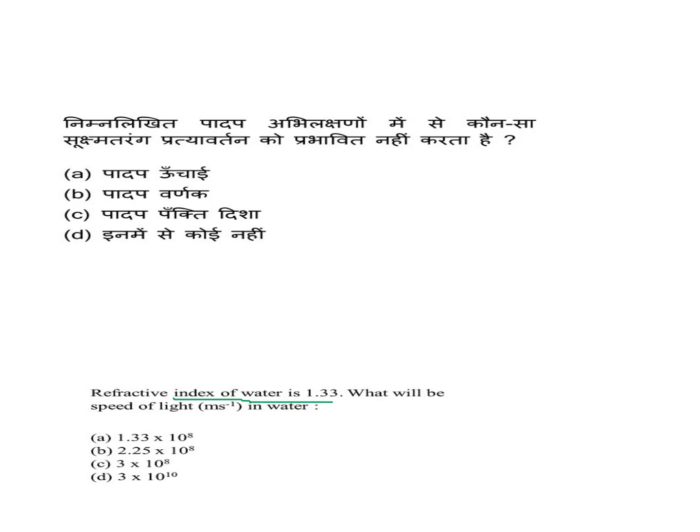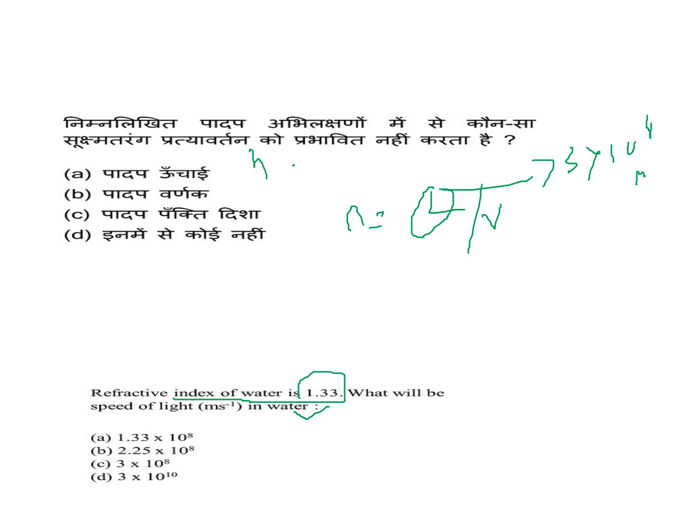Refractive index of water is 1.33. What will be the speed of light in meters per second in water? Refractive index N of a medium is related to the speed of light by the formula N equals C by V. C is speed of light in vacuum, that is 3 into 10 to the power of 8 meter per second.